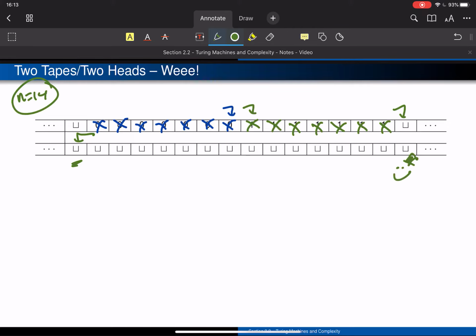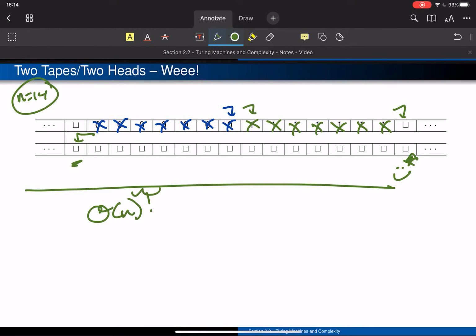So hooray! We definitely cheated, but this whole process actually runs in big O of n, which is really neat. I only had to go across that first tape once. I had to read all 14 symbols and everything was great.